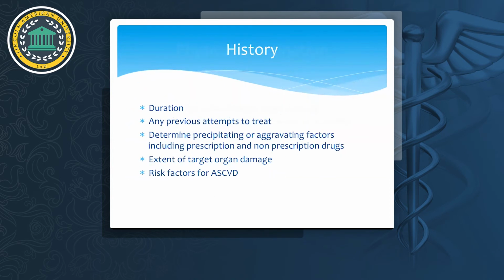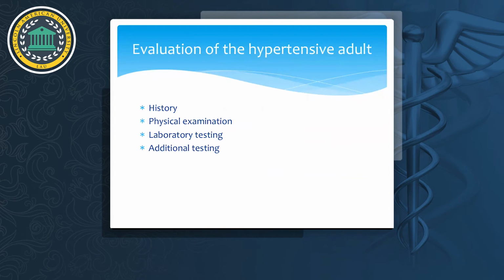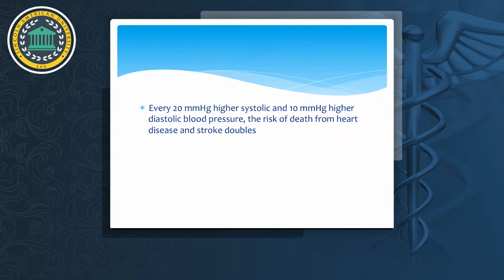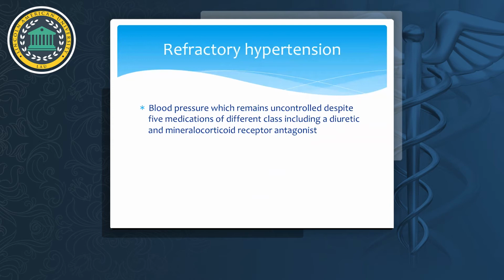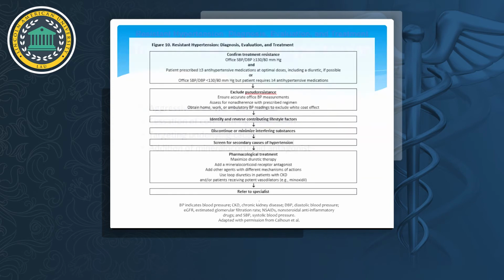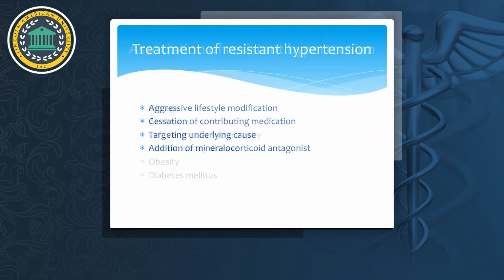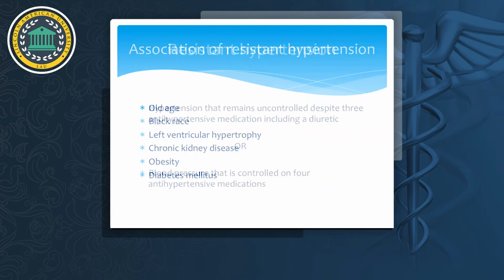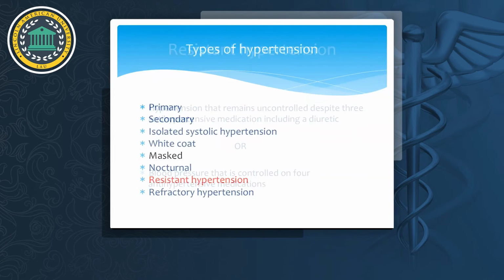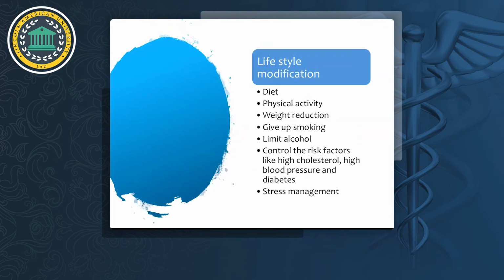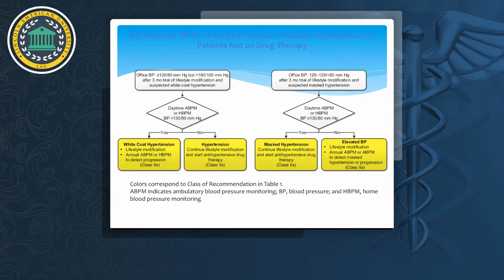If a patient has normal BP at my clinic but high blood pressure on ambulatory monitoring, I would prefer to start him on antihypertensive medication if he has target organ damage.